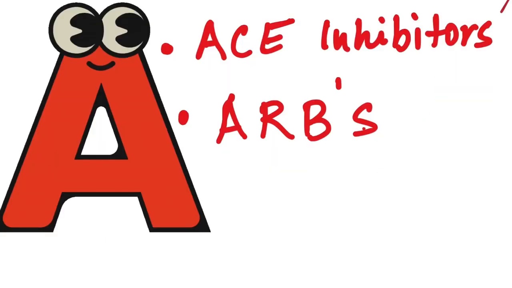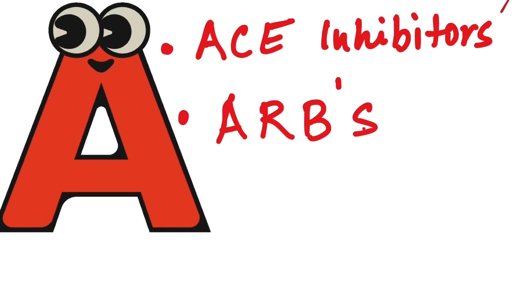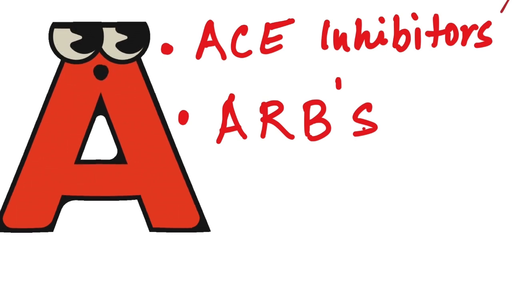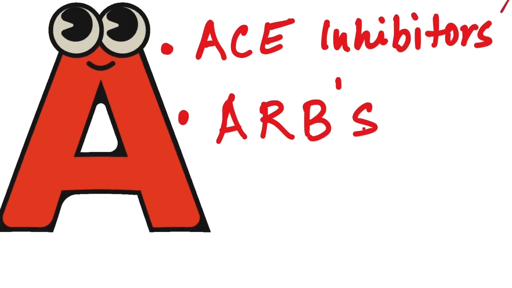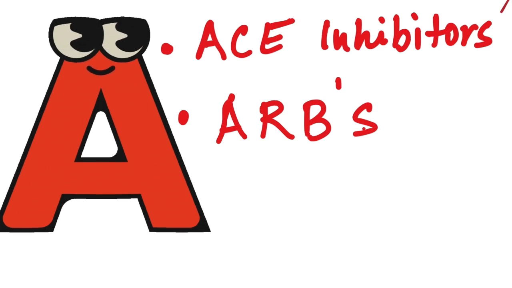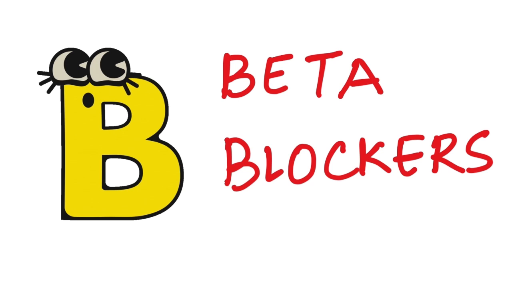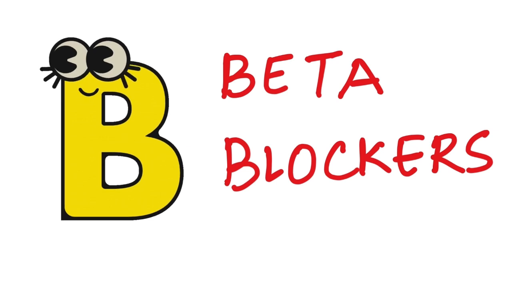A stands for ACE inhibitors and ARBs. The alphabet A mainly stands for 2 drugs, that is, ACE inhibitors and ARBs. Then comes your B alphabet. With alphabet B, always remember one classification, that is beta blockers.